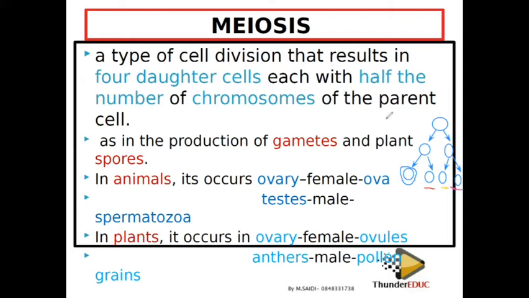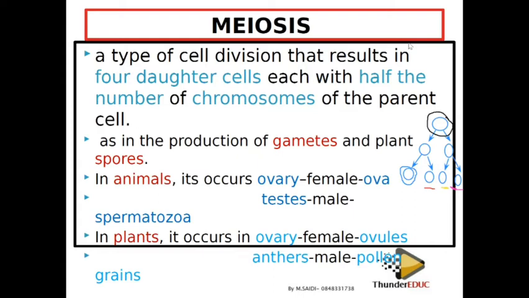I would also like us to have a different color for the parent cell. So the parent cell was this color, and it gives rise to this one, this one, and this one. So that's the process of meiosis. In definition, it's a cell division that results in 4 daughter cells, each with half the number of chromosomes of the parent cell.